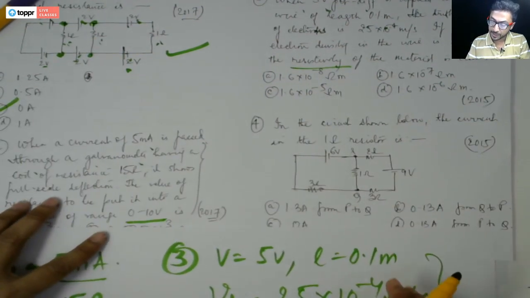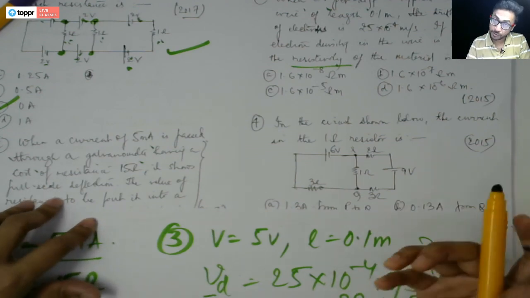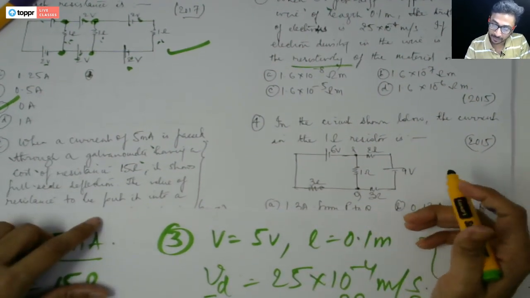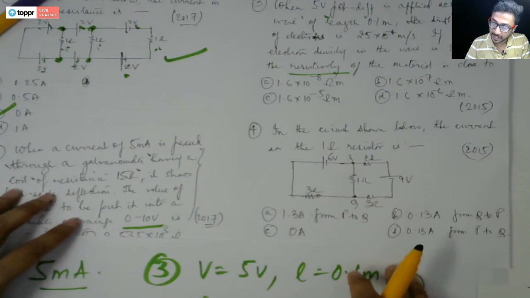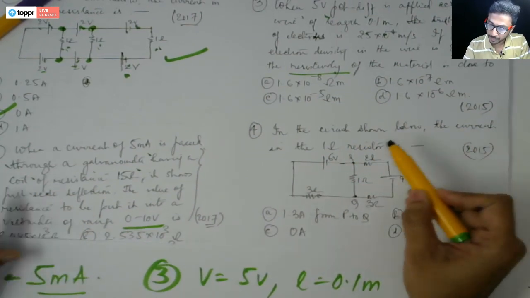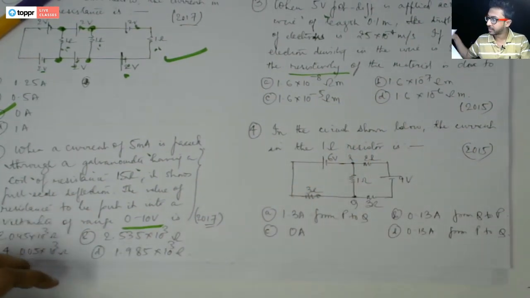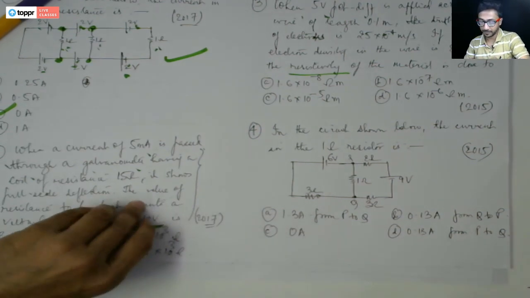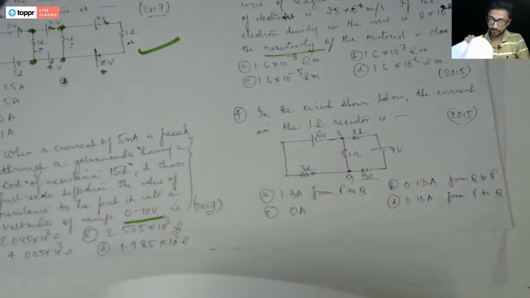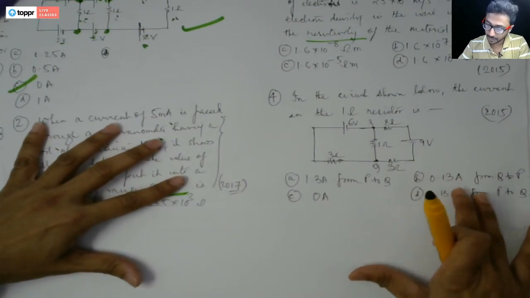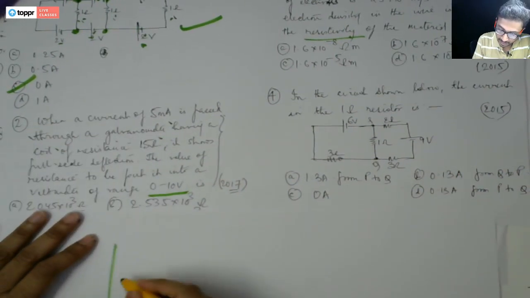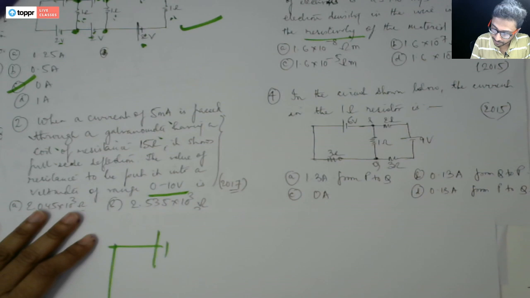And a last problem, I don't have the time to discuss, I'll just share how we solve this. In the circuit shown below, the current in the 1 ohm resistor is... See, I'll just say how we will proceed with this kind of problem.